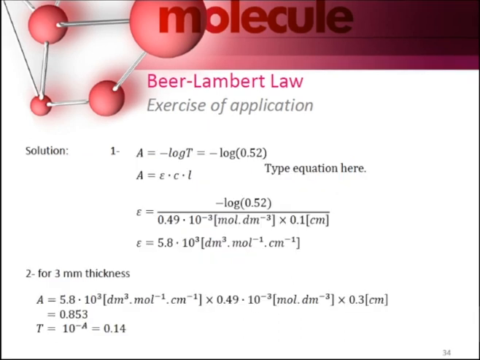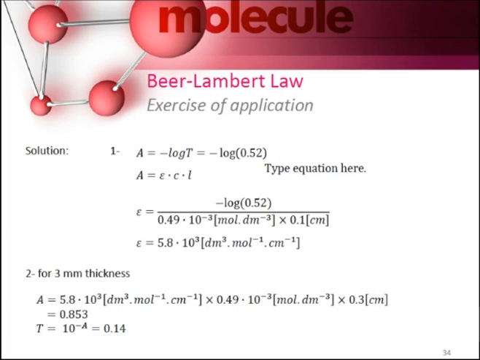Well, if you look into the solution, A is equal to minus log T. And we've just seen that T is 0.52. I explained it in the earlier slide. So we calculate A, which is minus log T. That's simply the solution. Now to get to epsilon, we use Beer's law, which is A equals epsilon C times L. We have C, we have L, we solve for epsilon, and we have these values.